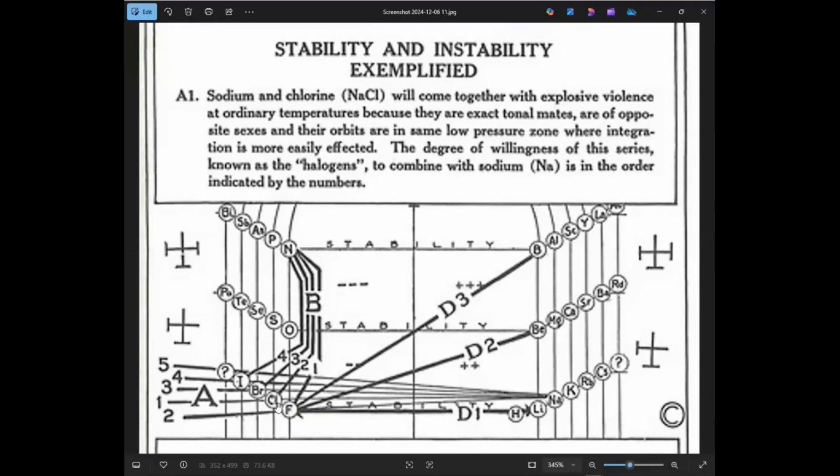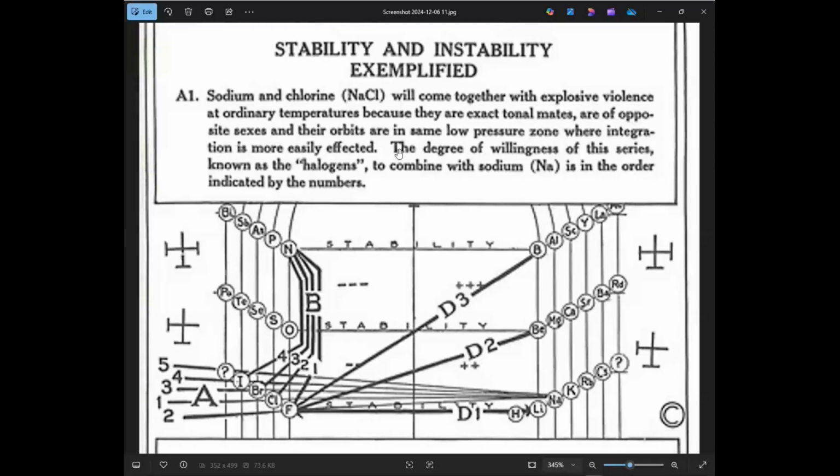So we've got chlorine here, and he's got a line from this number 1 going all the way through, pointing over to sodium. It might be hard to see, but that is Na, sodium right here. And he's got all these lines pointing to sodium because we're going to be comparing to sodium. So he starts with chlorine as number 1. So chlorine and sodium, perfect mates.